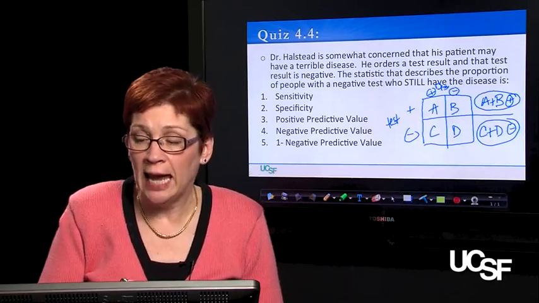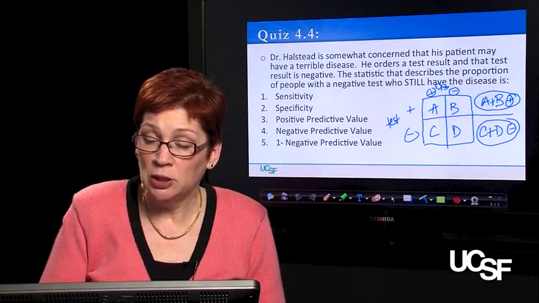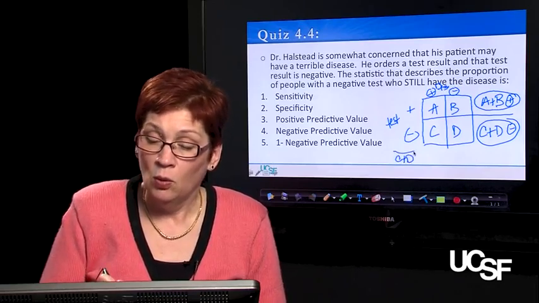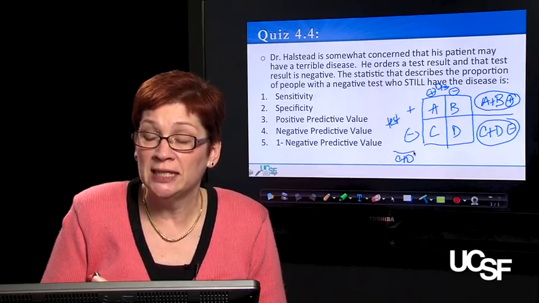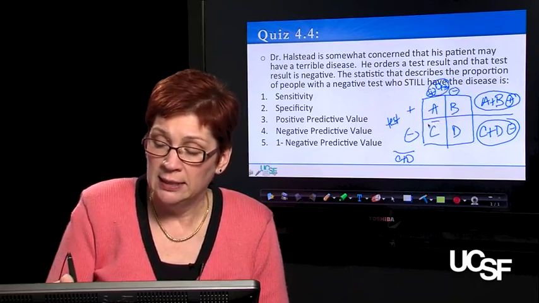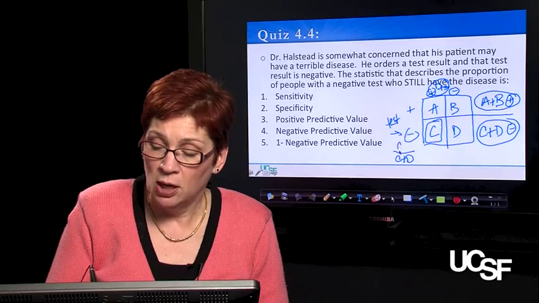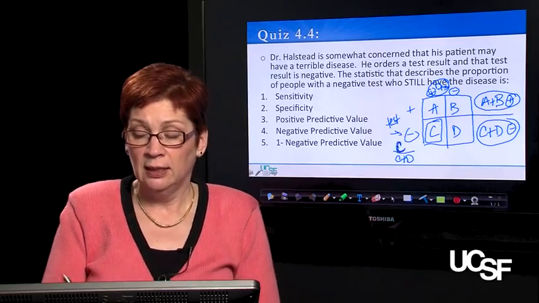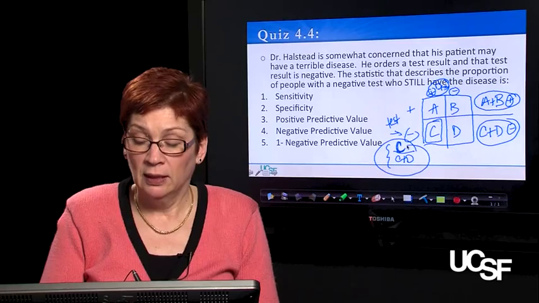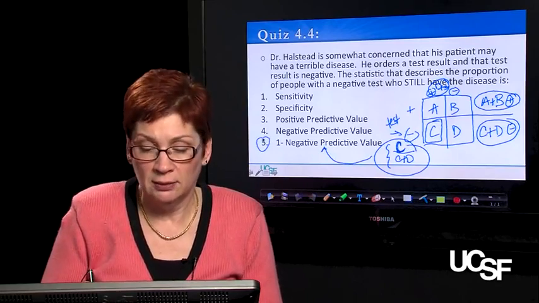And what Dr. Halstead is asking us is that in a population who tests negative, so that's all C plus D as our denominator, what's the possibility that the person still has the disease? So here's our disease column, and C is the person who still has the disease, who tests negative for the disease. So Dr. Halstead is asking us for the statistic that is represented by the formula C over C plus D. And that is 1 minus the negative predictive value, or the false negative rate.